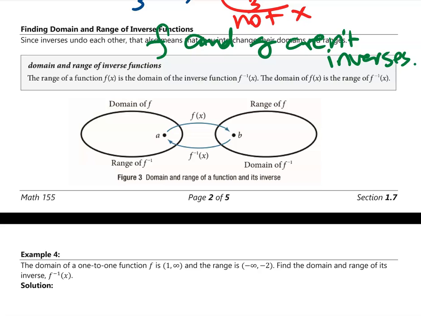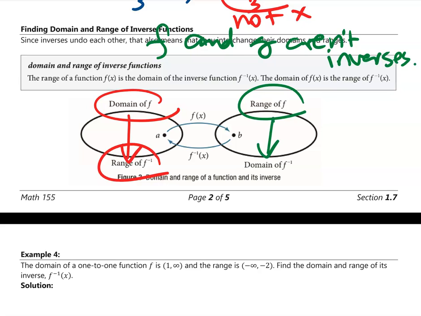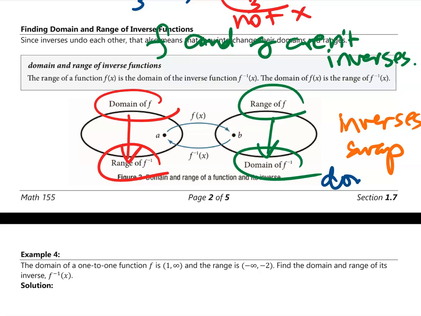So like here, the domain of f becomes the range of f inverse, and then the range of f becomes the domain of f inverse. So don't forget, inverses swap domain and range.